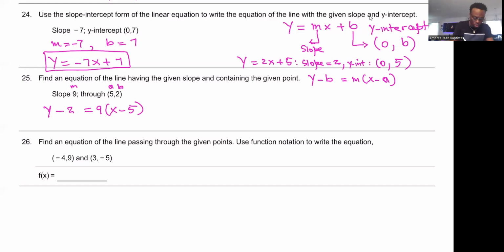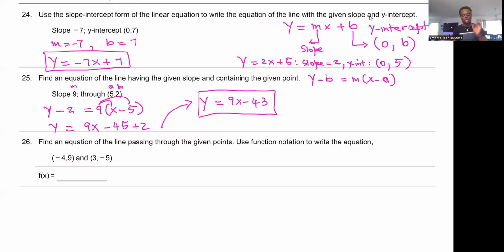And obviously we will distribute the 9 and add the 2. So y equals 9x minus 45 plus 2, and simplify to get y equals 9x minus 43. So that is the slope-intercept form of the equation of the line passing through (5, 2) with the slope m equals 9.